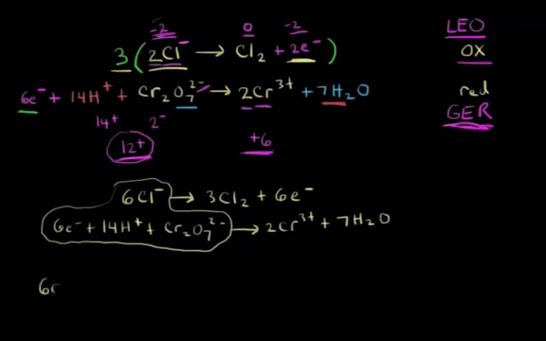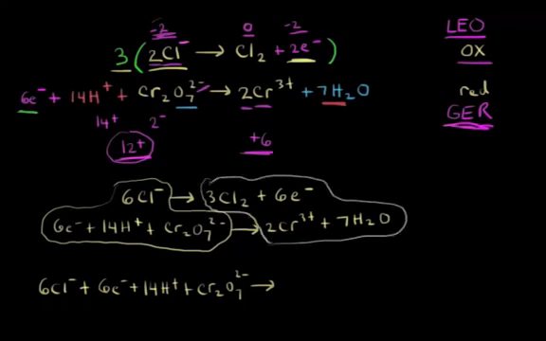So we have 6 Cl minus, right, and then 6 electrons, 14 protons, right? We have the dichromate anion here. And then I'm going to take everything on my product side, right? So I'm going to take all of this stuff right here and put that on my product side.